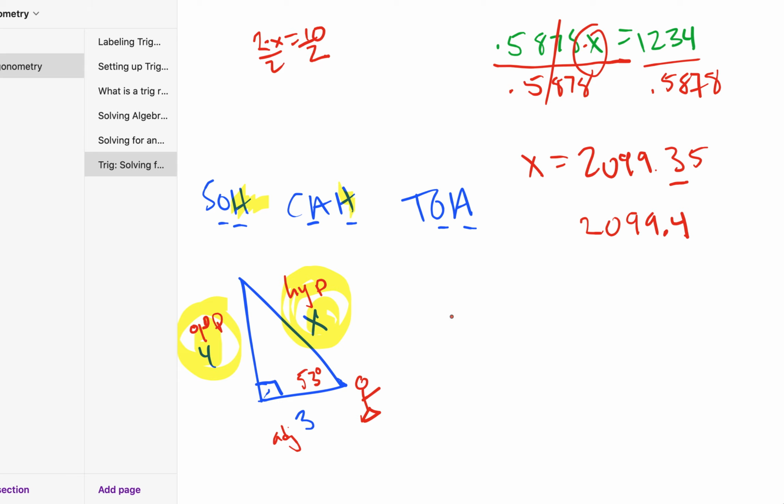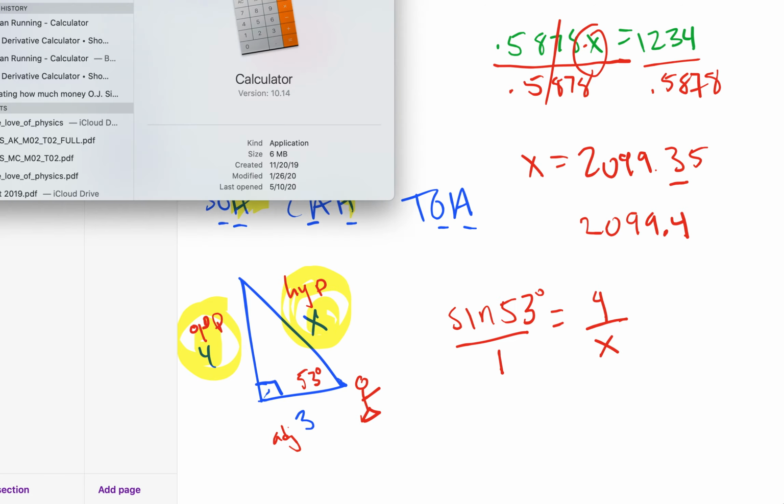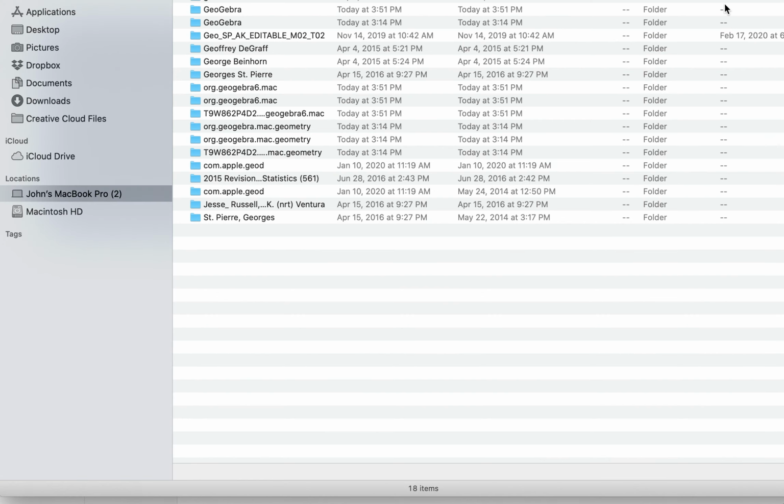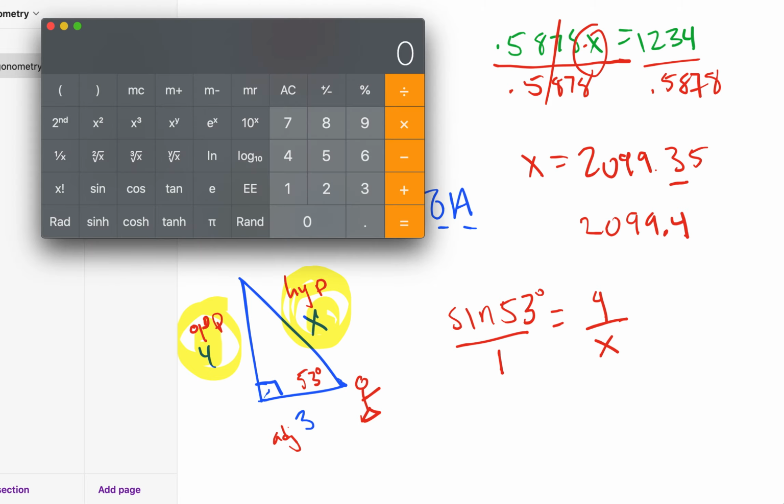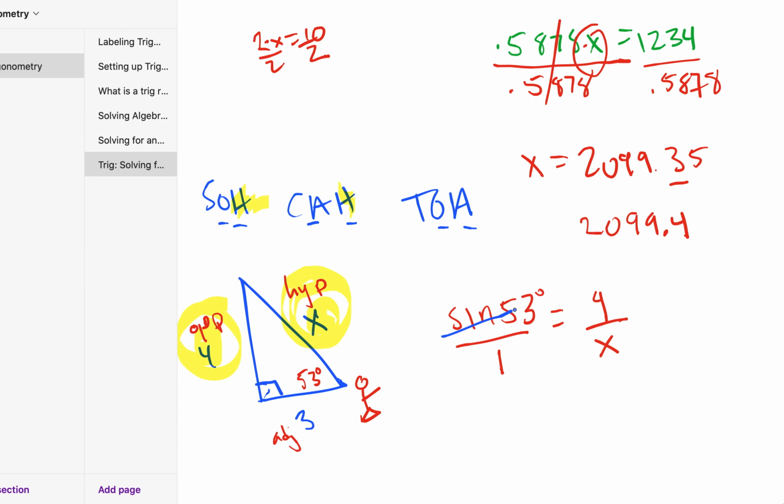I'm going to write sine of the reference angle is equal to the opposite divided by the hypotenuse. One of the first things I would recommend is to change from sine 53 to a decimal. So I'll take 53, click sine, and I'll get 0.7986.